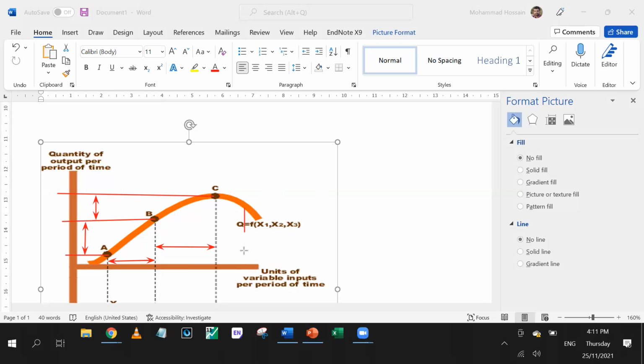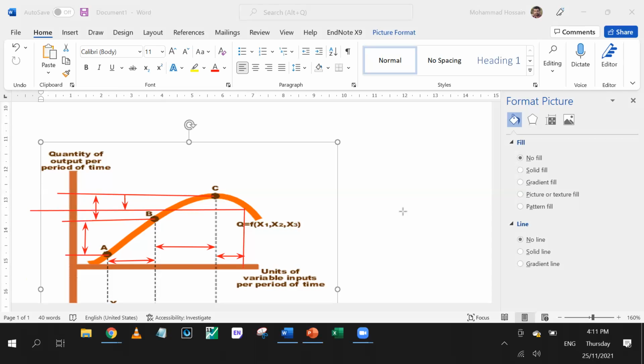The input is increased again until this, but look, the output has gone down, not increased. Input has increased from C to D, but output has gone down. So increasing input does not necessarily mean it will increase your output.